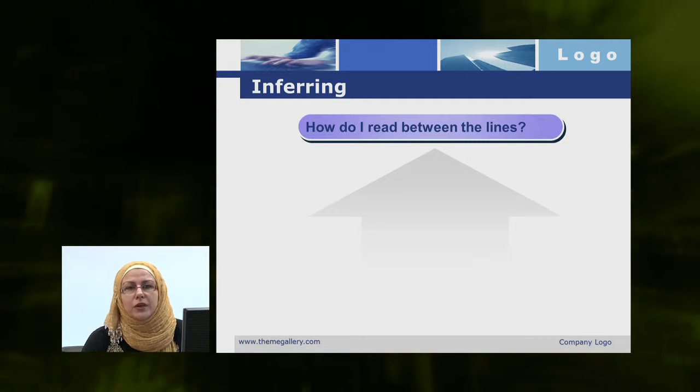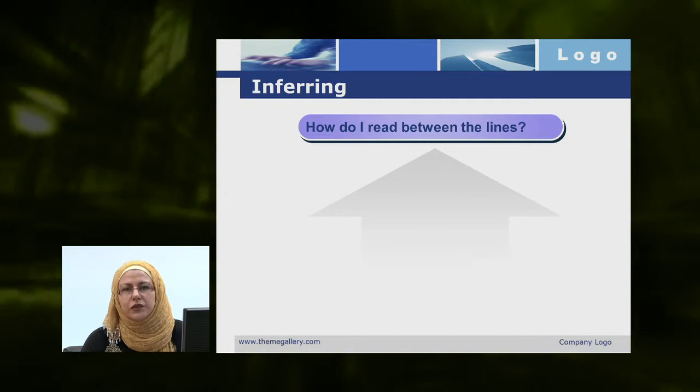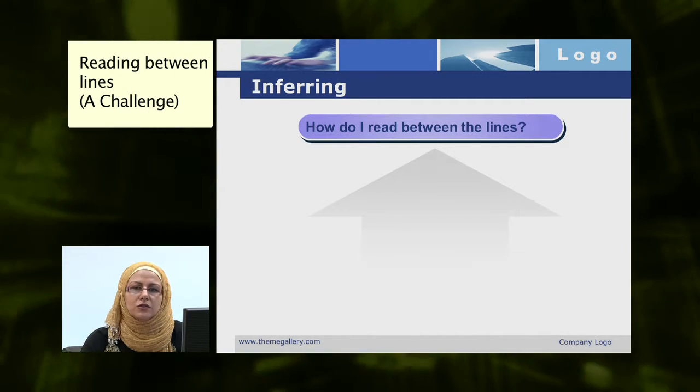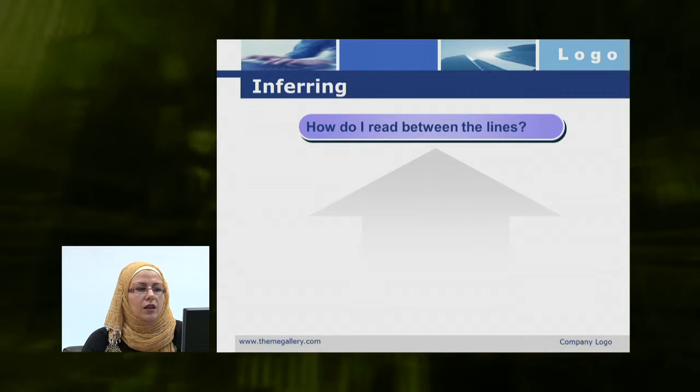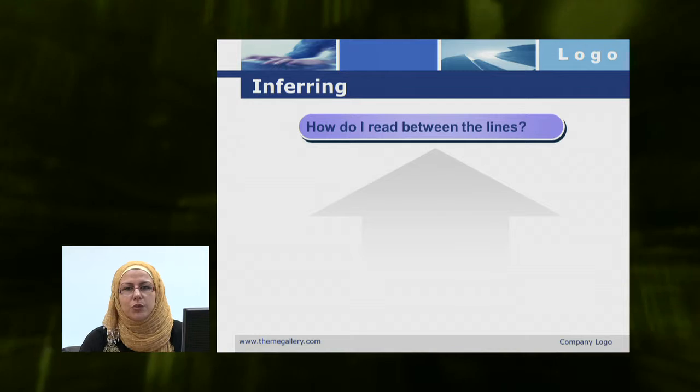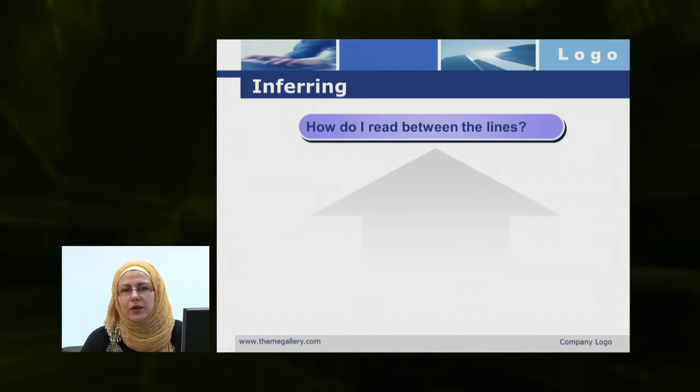Inferring is probably one of the most difficult types of techniques here, but it becomes very simple when you know what it is and you know how to do it. Inferring is actually, how do I read between the lines? So I'm obviously trying to find a detail that's not explicitly stated in the text.